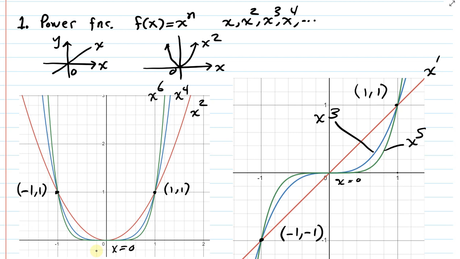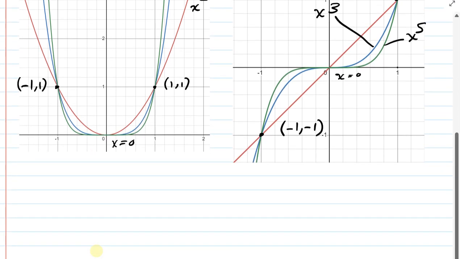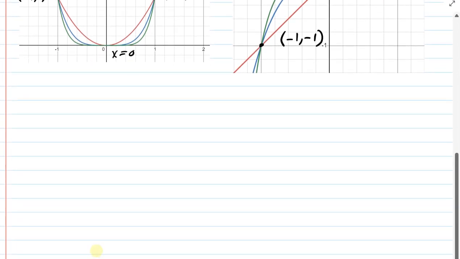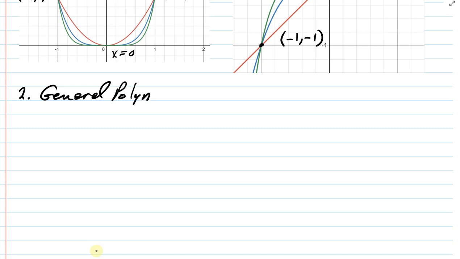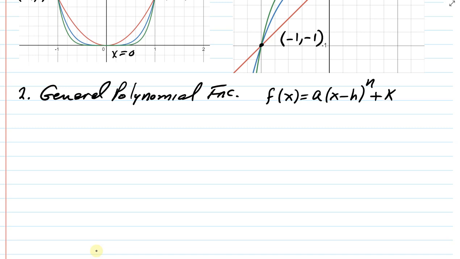All right, now what about the general polynomial functions? This is our second objective. For general polynomial functions, what I have in mind is the h-k form of the function. So I'm thinking about f of x in the form a times (x minus h) to the power of n, plus k.